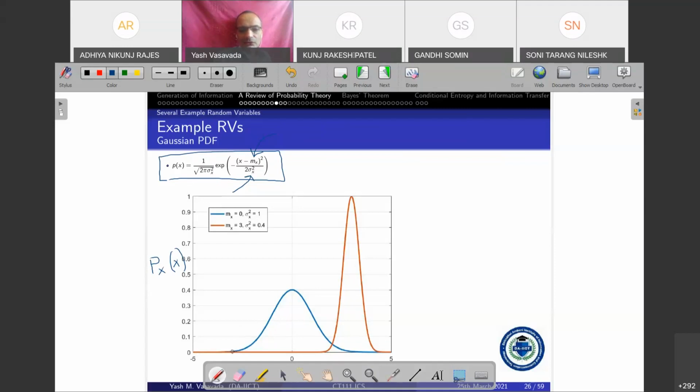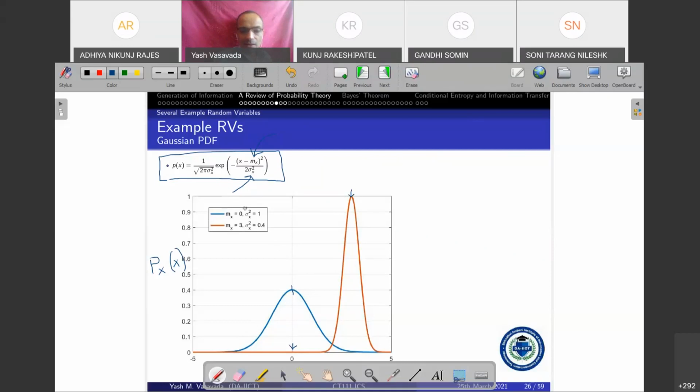In case of the Gaussian distribution, this probability density function becomes maximum at its mean value. For the blue case, the mean is 0, and so the PDF peaks at 0. For the red one, I made the mean equal to 3, and so the PDF peaks at 3.